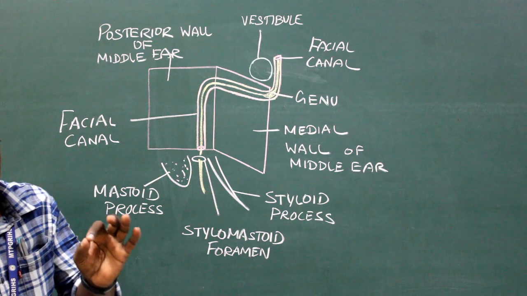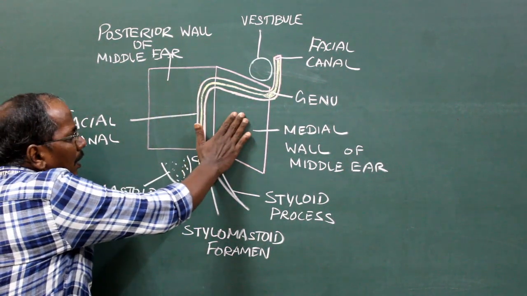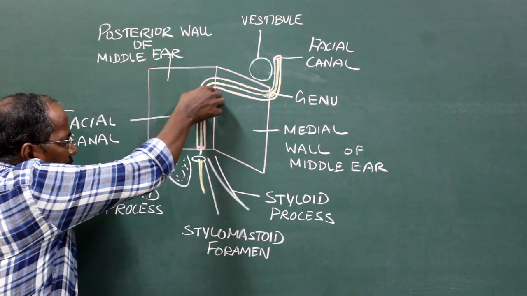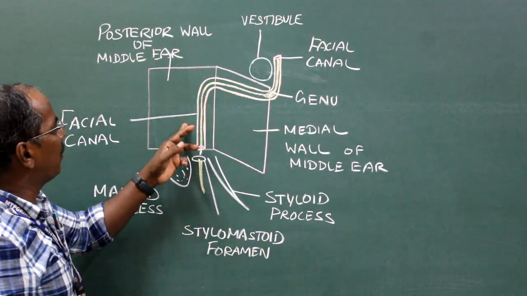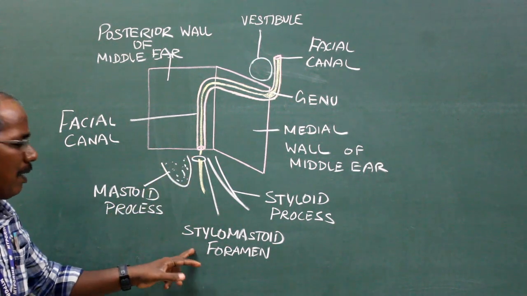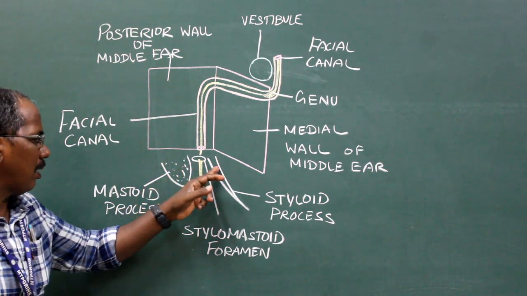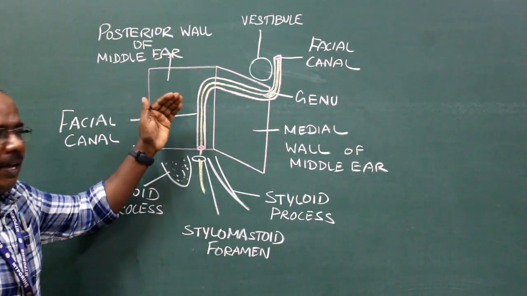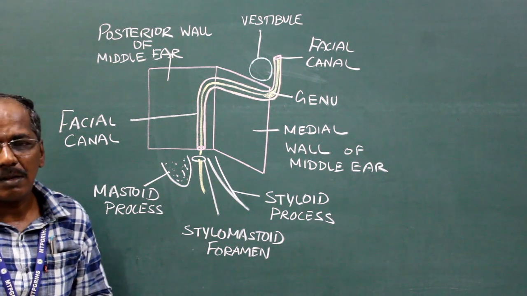The mastoid part of the facial canal starts from the junction of the medial and posterior wall of the middle ear and runs vertically downwards on the posterior wall of the middle ear till it reaches the stylomastoid foramen. See, this is the mastoid process, this is the styloid process, and this is the stylomastoid foramen. Then the nerve exits from the skull by passing through the stylomastoid foramen.